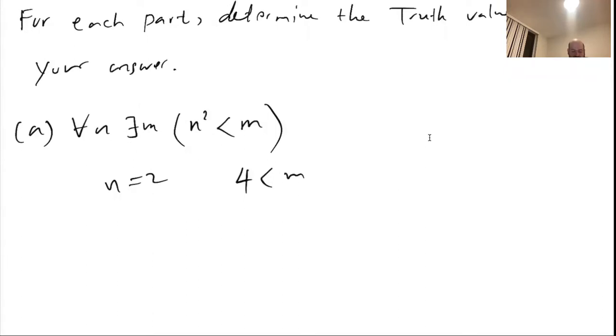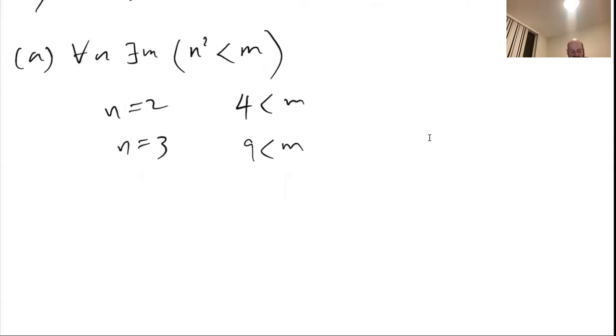Or let's say, for example, n is 3. Then can we say that there exists some m that 9 is less than m? Again, of course, we can choose m to be 10, for example, and 10 is bigger than 9. And so on. So it seems that any n that I choose, there exists at least one m.